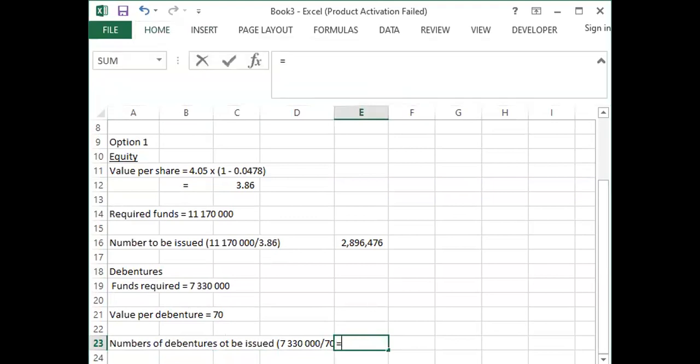So this is going to be 11,170,123 divided by 70. So this is what we need to issue there. 159,570. So we are done with proposal number 1.